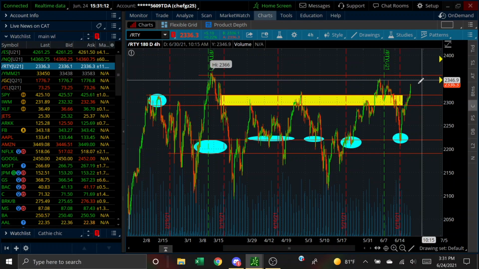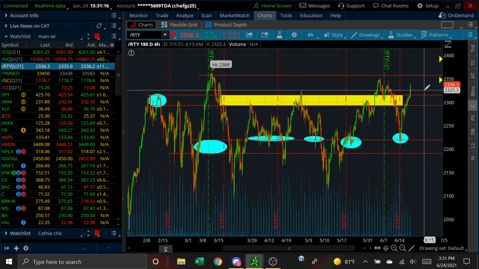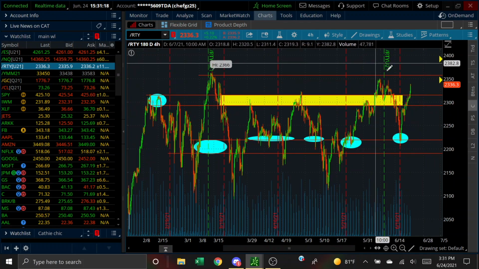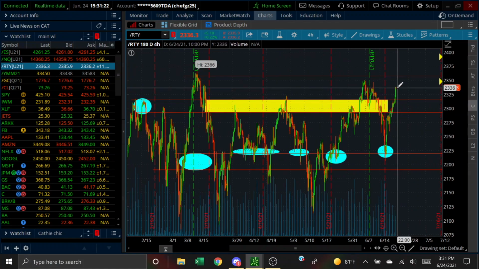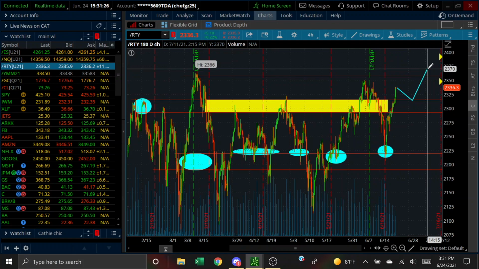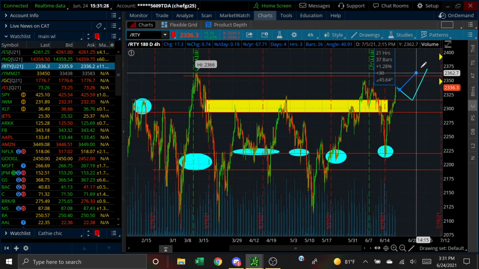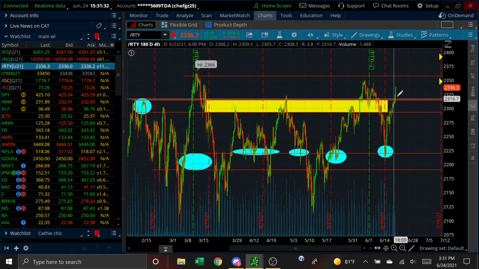But what's really happening in here is that the buyers are really in control of IWM, RTY, and it's bringing this to create a new trend to the top side. Now, we can definitely see another little pullback and then another push up like this, but we can also see a nice push to the top, just because we have a nice bullish candle.